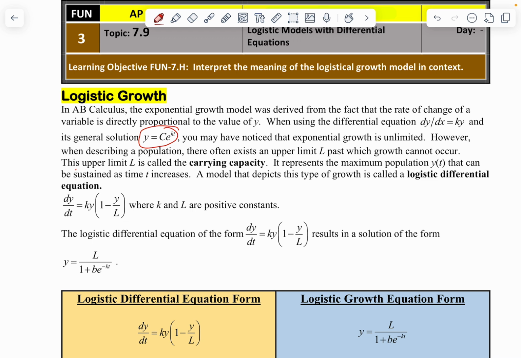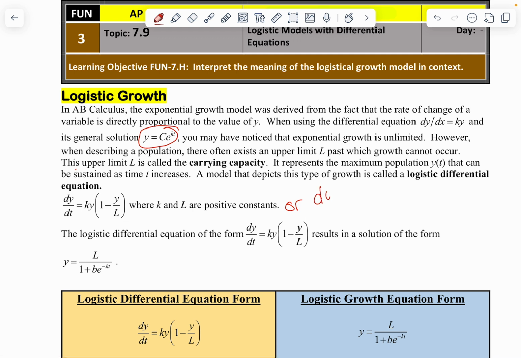Now, another way that you might see this logistic growth, I gotta find the other definition for it. Yeah, here it is. So the other way that you can see this is it might look like this.